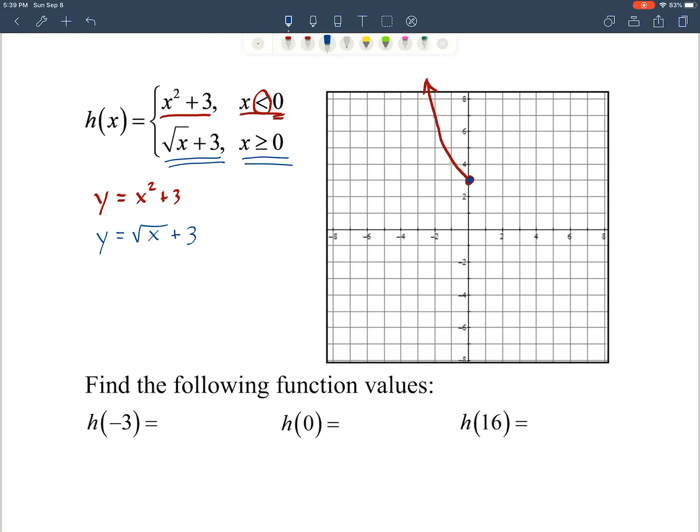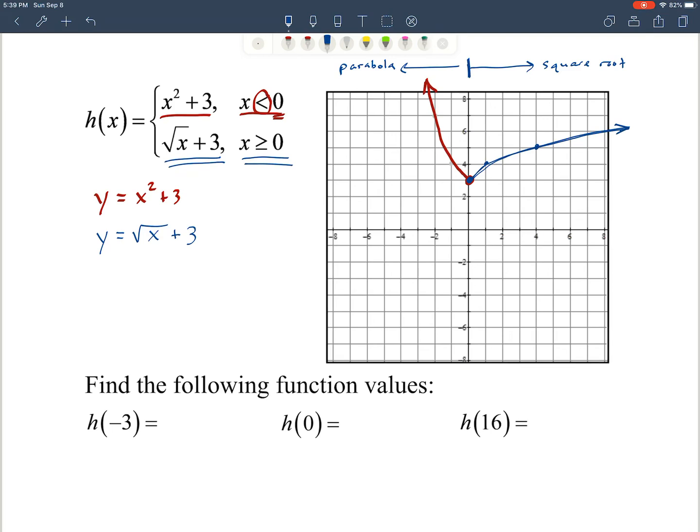But then we would go to the right 1 and up 1, to the right 4 and up 2. And if we get it over to 9, we could go up 3, but it'd be somewhere out there. And then we just need to connect those ones. So everything on the right side here is the square root function, and everything back this way was the parabola. Okay, so the transition point there was where x equals 0.